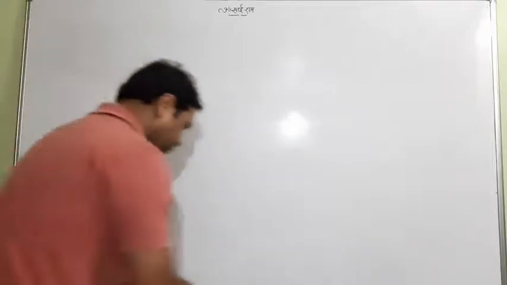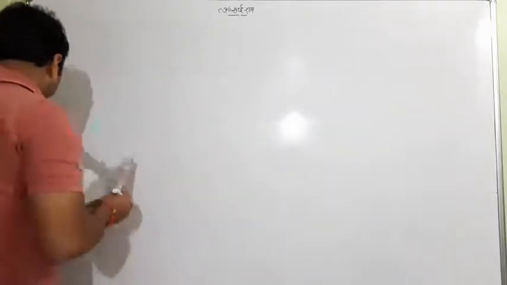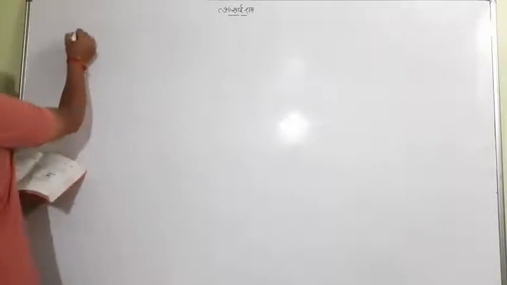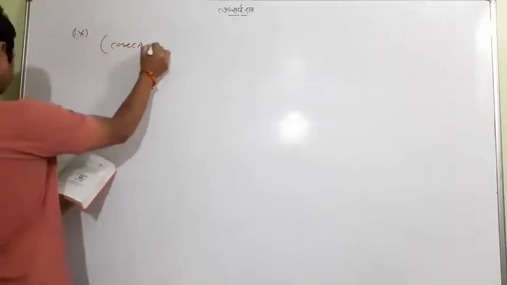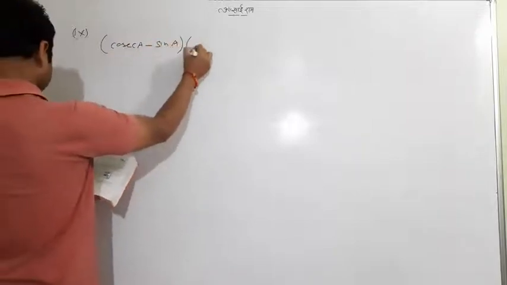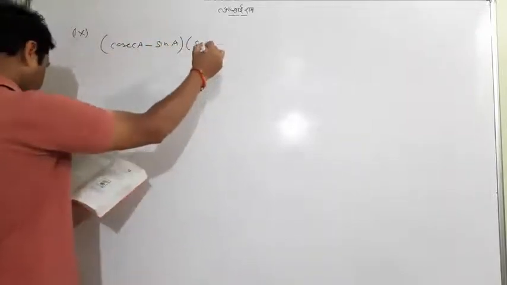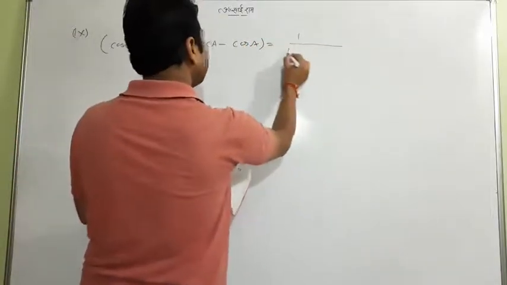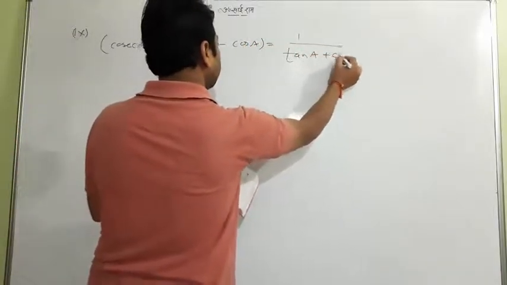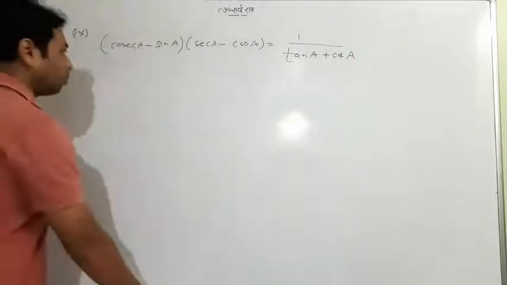Look at question number 9. I'm telling you, (cosec a minus sin a)(sec a minus cos a) times 1 upon (tan a plus cot a). This is the question.